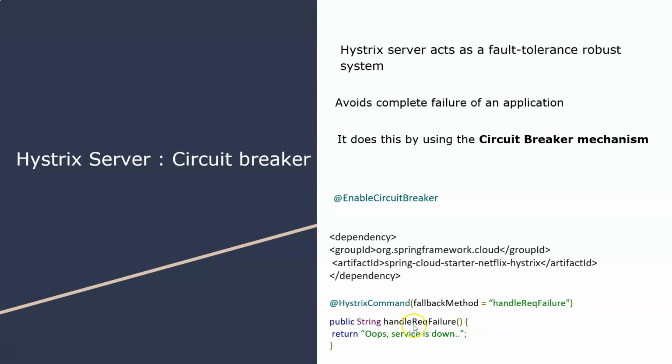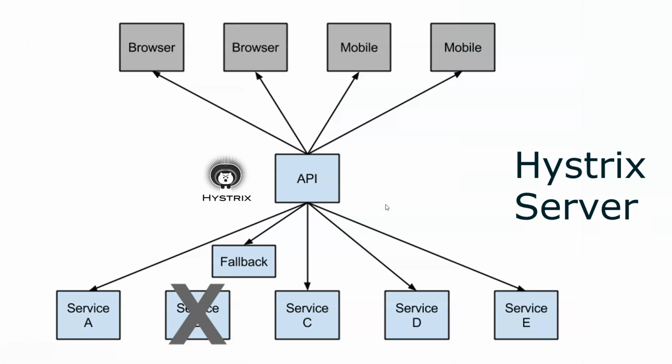So whenever your service is down or not available, you will see a pre-configured message. In case we are calling a particular function and it is not available at the moment, your Hystrix circuit breaker will call the fallback method, return the response from the method itself, and stop the further communication.